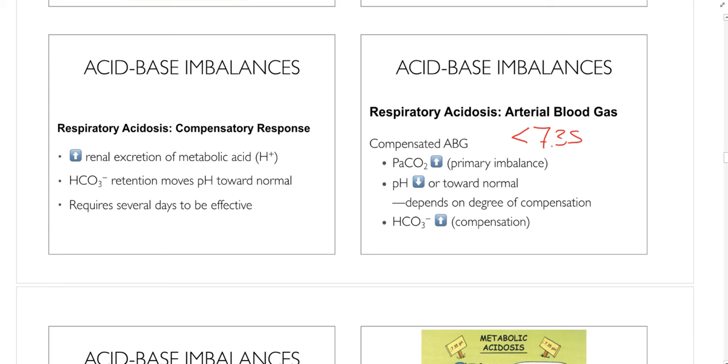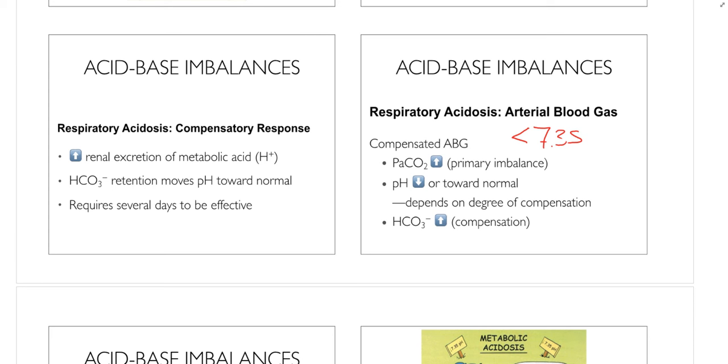When the body's trying to fix this, it's going to stop going full force once that pH reaches around 7.35. It's not going to bump it up all the way to 7.4 or even 7.45. It's going to do the least amount of effort possible to make the body as close to balanced as it can so that it's not wasting resources.